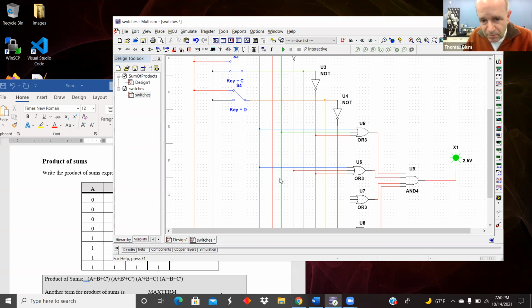A prime, B prime, C prime. The third term was A prime this time, so that is here, and then B and C. So there is B and there is C.